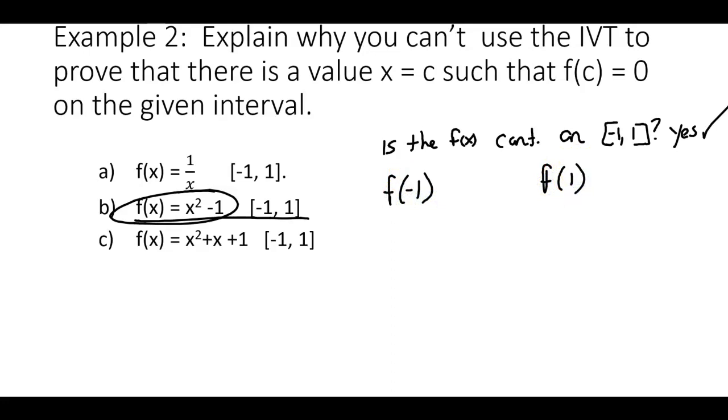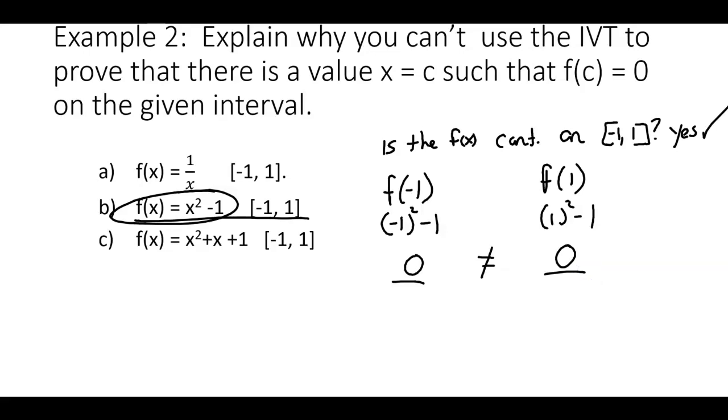So we have f of -1 is going to be -1 squared minus 1, and f of 1 is going to be 1 squared minus 1. Now 1 squared is 1, and 1 minus 1 is 0. They're equal. And that's a problem for the IVT. Your two y values cannot be the same outcome.